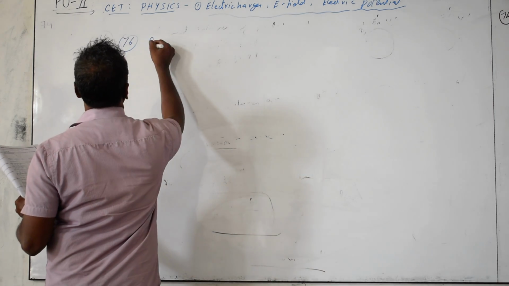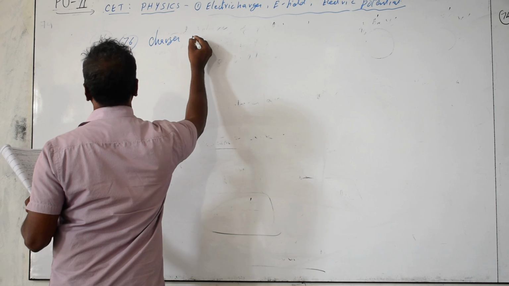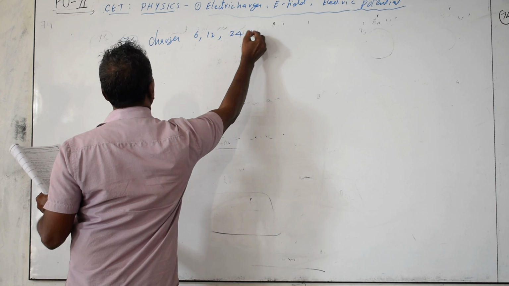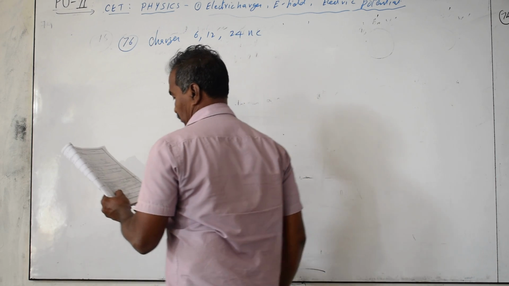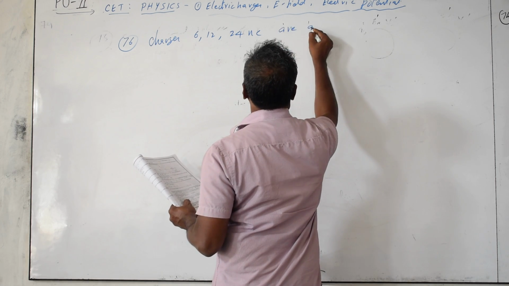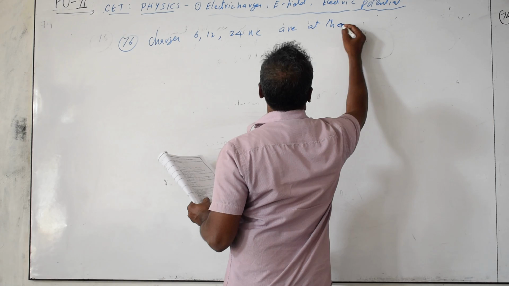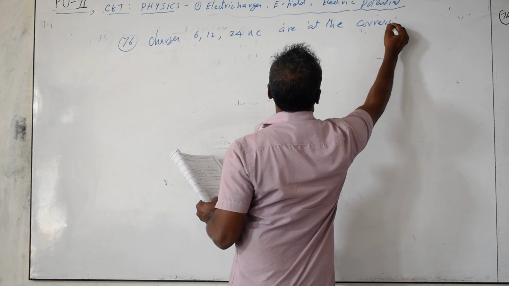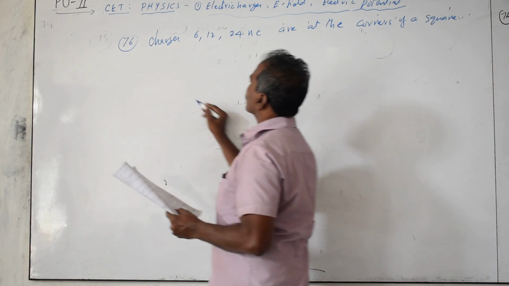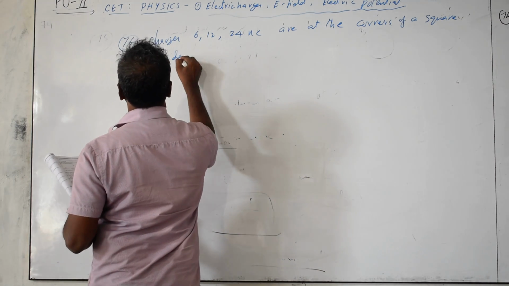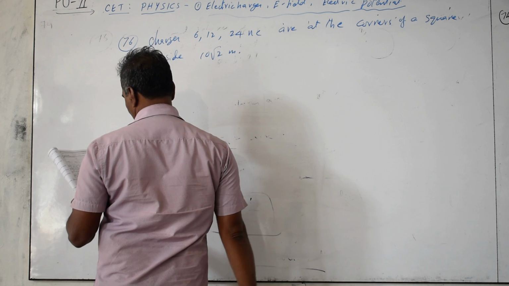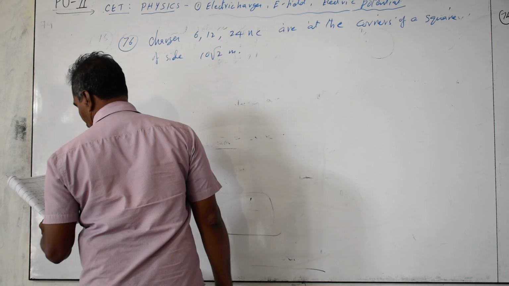Here charges 6, 12, 24 nanocoulombs, nano means 10 to the power of minus 9, are at the corners of a square of side 10 root 2 meters. Find what charge you have to put at the fourth corner.